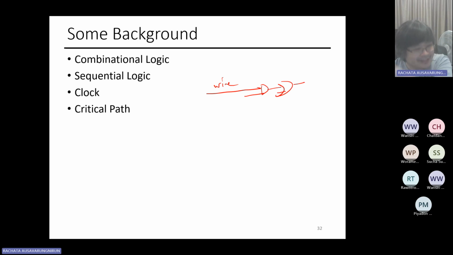It's great if you understand that these are an AND gate followed by an OR gate with 3 inputs and 1 output. But the critical part means: if I look at my logic, how long does it take for the electrons from here to go through the wire and propagate all the way to the output?